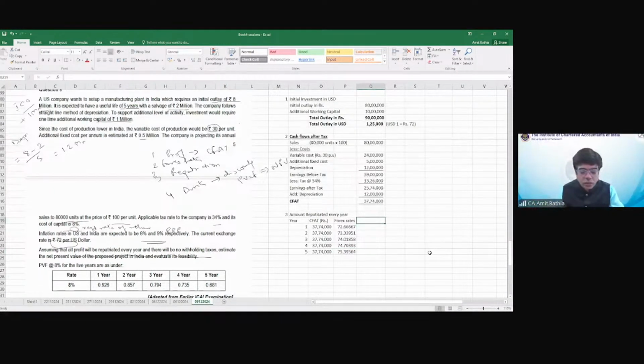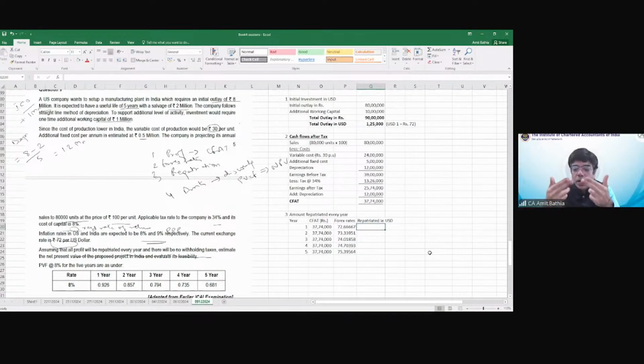Alright. Now I need to calculate the amount repatriated, right? Repatriated in USD. So how much will be the repatriation in USD? Should I do multiplication or should I do division? Up the ladder or down the ladder? Down the ladder, sir.